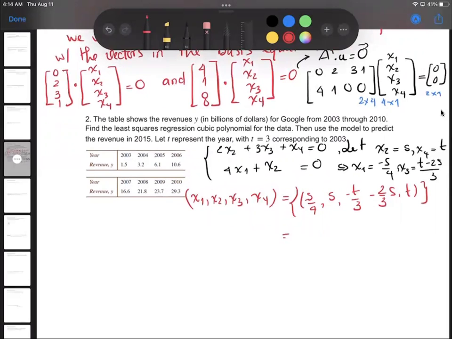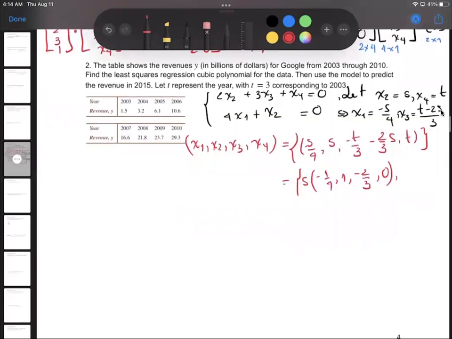I can factor out s to extract the basis. If I extract s, I have negative 1/4 for the first component, then 1, then negative 2/3. There's no t there, so it's 0. And if I extract t, then I have 0, 0, negative 1/3, and 1.